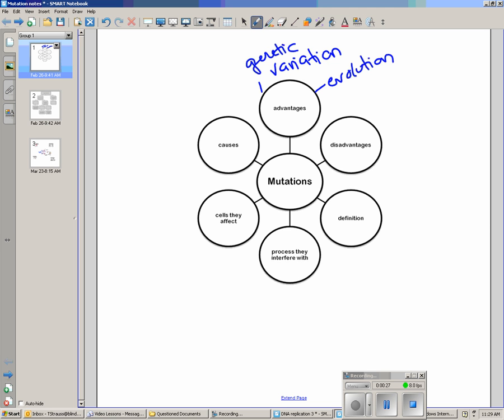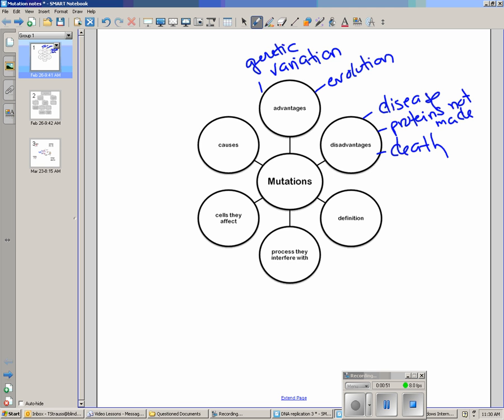There's a lot of disadvantages, though, because they can cause disease or even death. And proteins may not be made. So if that's an essential protein for something, then we would have a problem because of that.